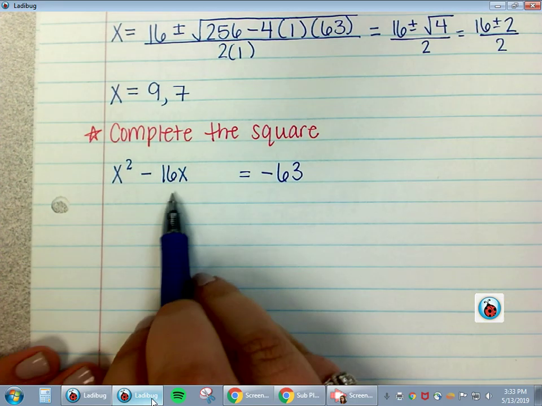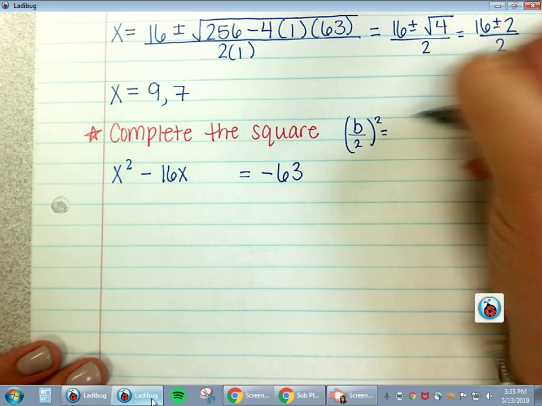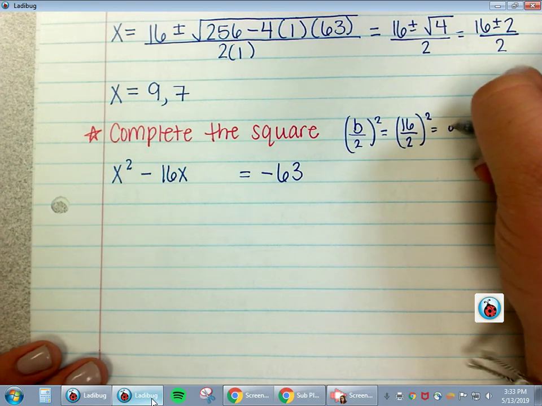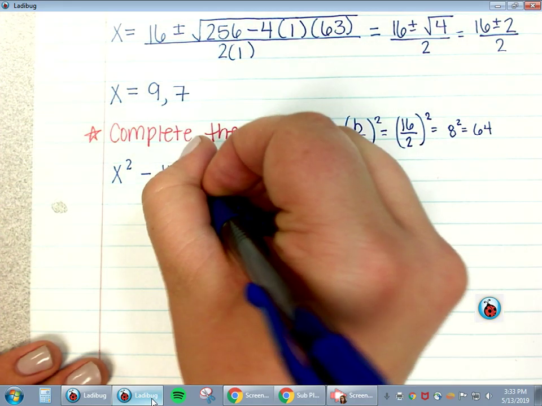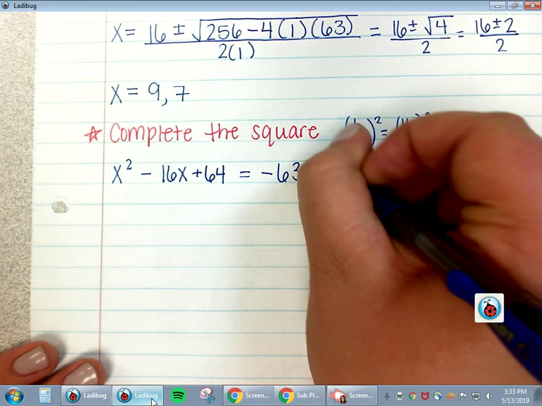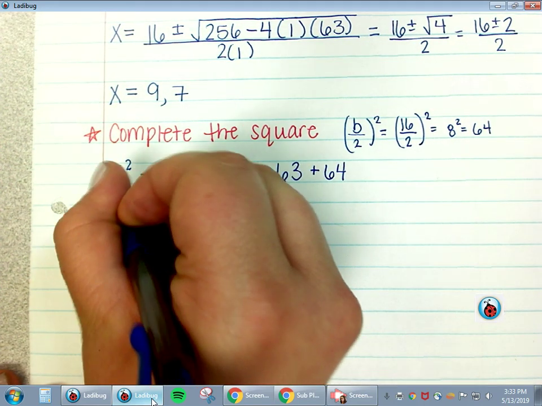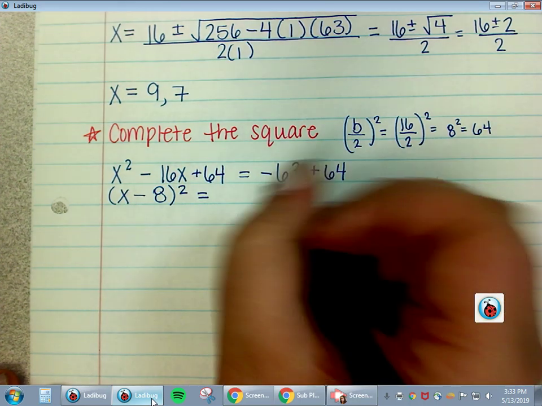So we've got b over 2 quantity squared. Remember, that was our special term. So in this case, 16 over 2 squared, so 8 squared. So I need to add 64 to both sides, is my special number. And then I can factor the left and the right, which this one will end up being x minus 8 quantity squared. And over here, I've just got 1.